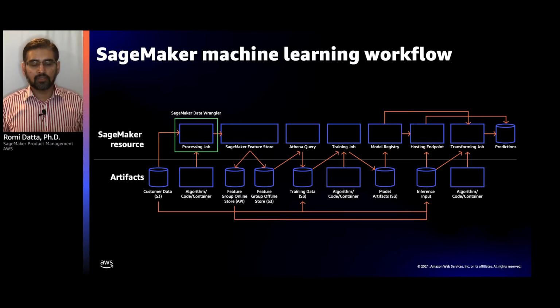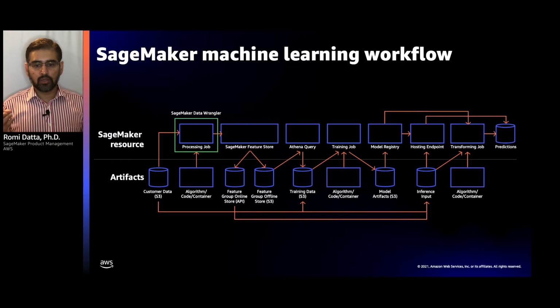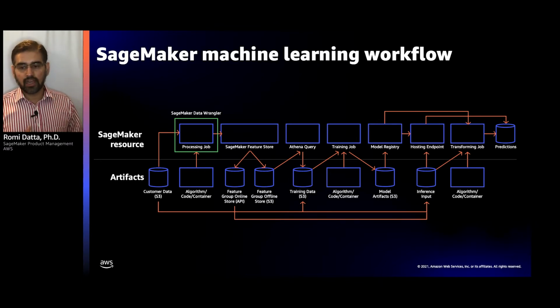You can take the data from SageMaker Feature Store and create a training data set, and run your training job, which will spin up the instance for the duration of the job, and then spin down the instances. You store the model artifacts of the trained model in S3, and from there you can deploy the trained model in a hosting endpoint, and serve a subset of the features you've used for training to the hosting endpoint for inference.